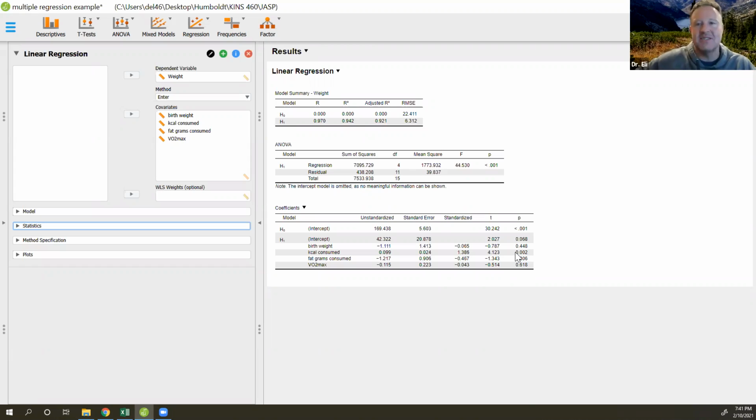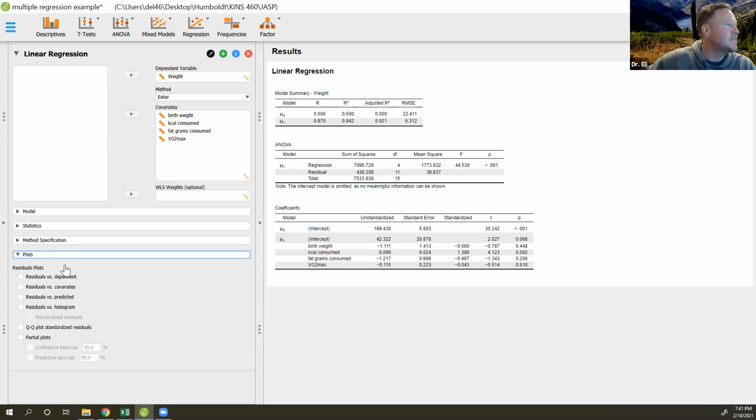Well, what are some of the limitations to this? We don't have BMI. So would it make sense that the taller somebody is, the more they would weigh? Yeah, so there's other things. So that might be a weakness to this, but I'm just trying to explain what the data means and how to interpret it. And again, a cool thing with JASP is you can come in here and do some plots.